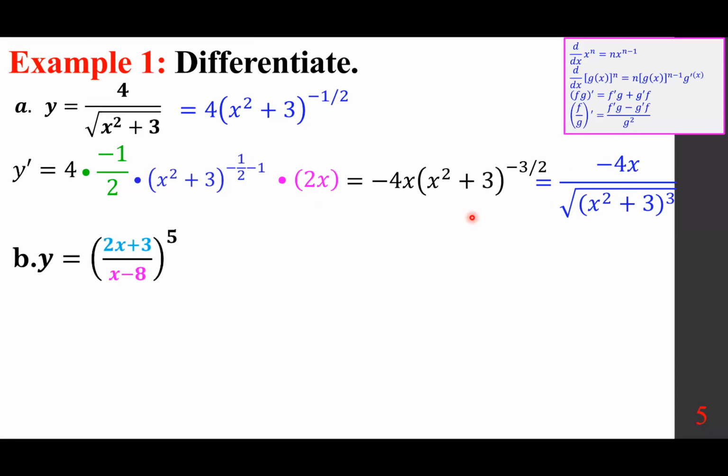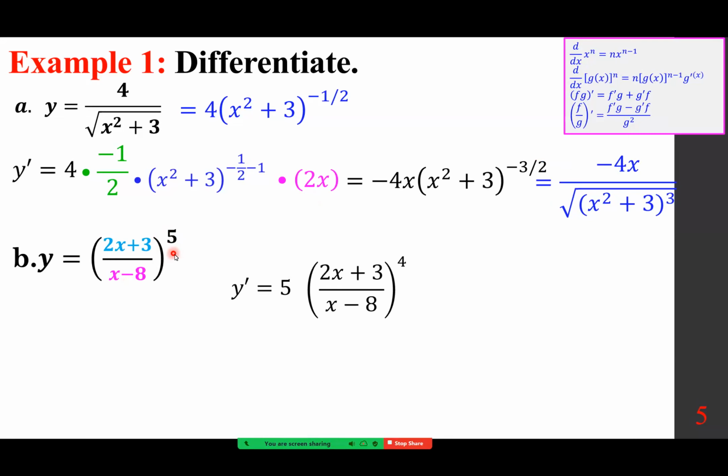We are going to use the extended power rule. 5 sits in front, the same thing to the power of 4. And I'm going to use the quotient rule. This is f over g.